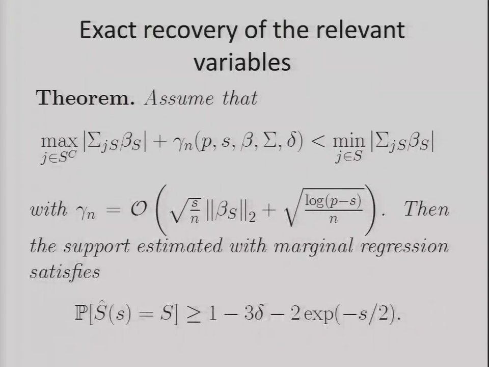There needs to be a gap between these two when we have noise, and this gap is of this order. If this is satisfied, and we know the support set, the size of the relevant set, then this statement holds with very high probability. Now the question, which I'm going to answer later, is how do we actually pick this S in a data-dependent way?